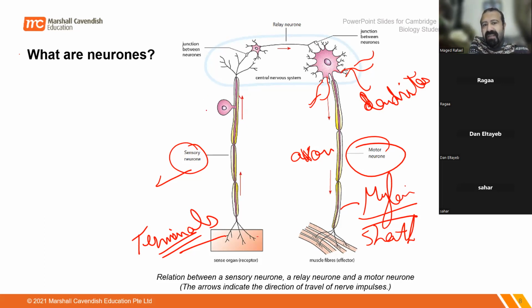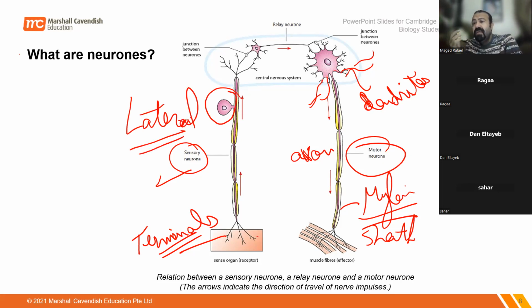That's why the cell body is lateral. There is no need for the cell body to be in the path. We need to deliver a message quickly to the relay neuron in the brain.